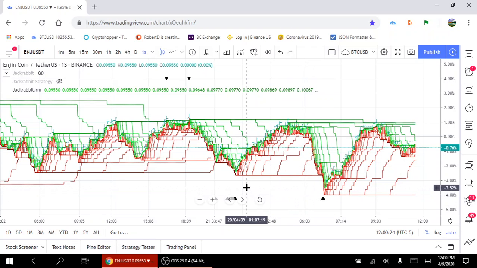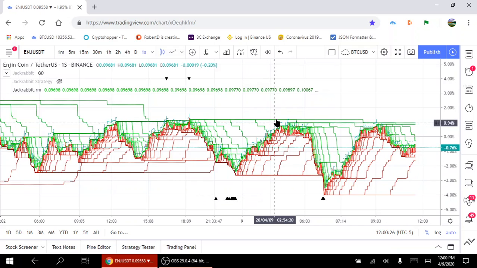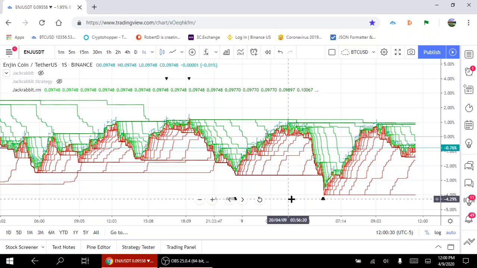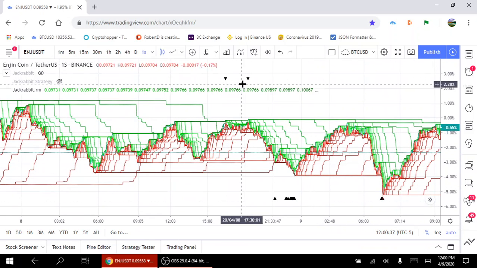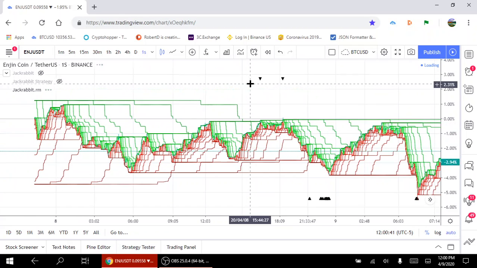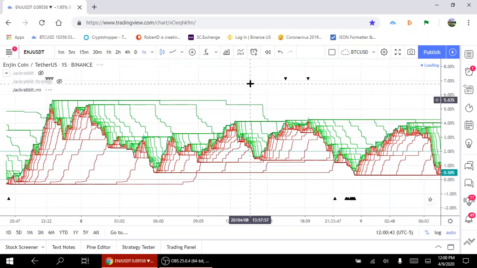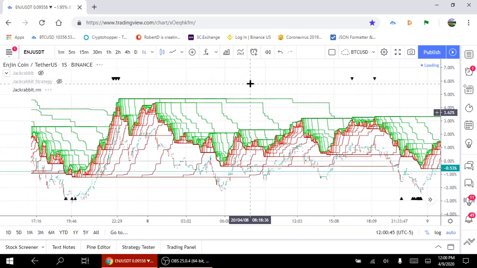And as you can see, support resistance boundaries. It always buys when support is broken. It always sells when resistance is broken. Very simple, very easy to use, very reliable.